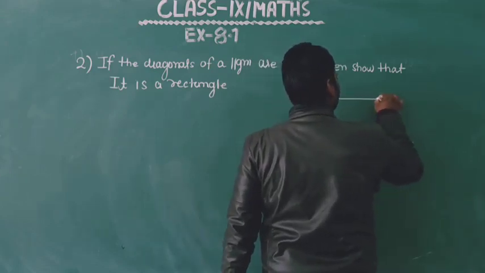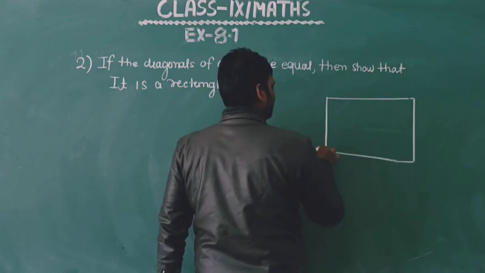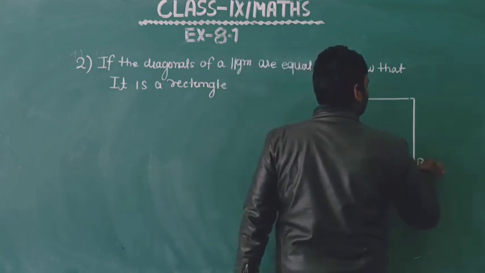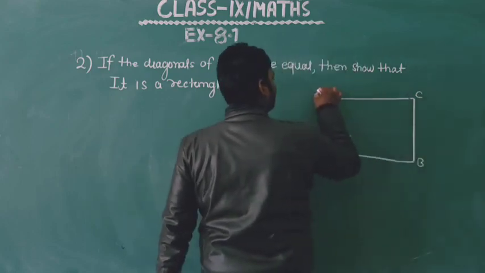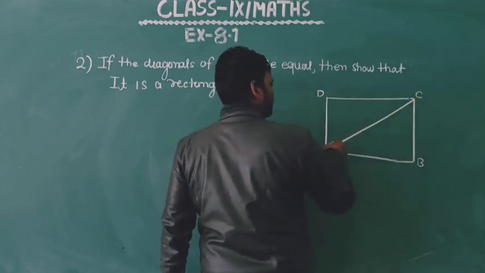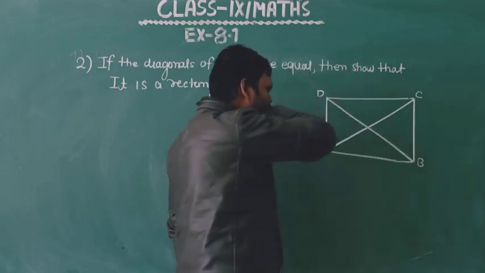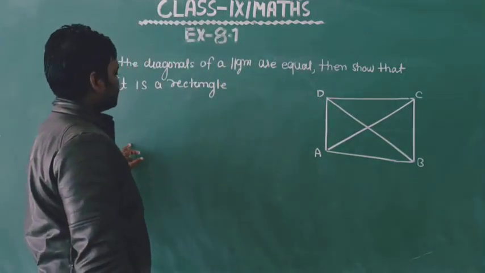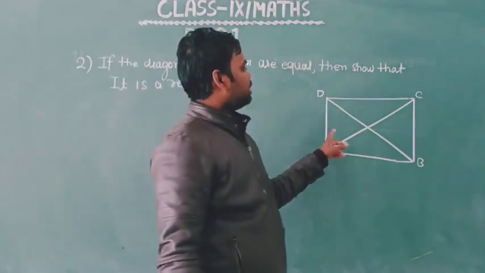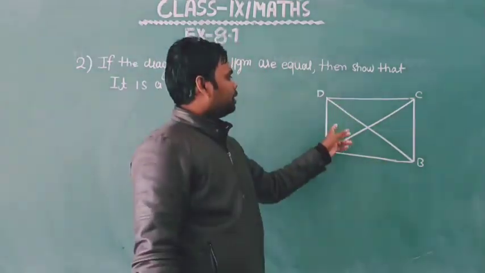So this is the figure of the parallelogram ABCD. We are given that the diagonals of the parallelogram are equal, means AC and BD are equal. Then it is a rectangle.